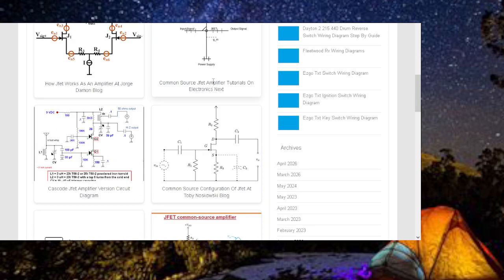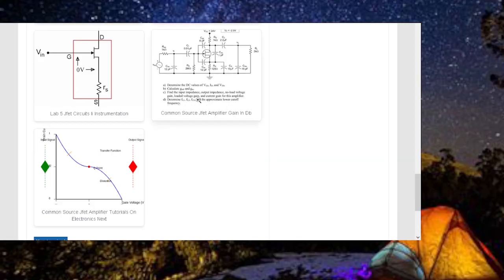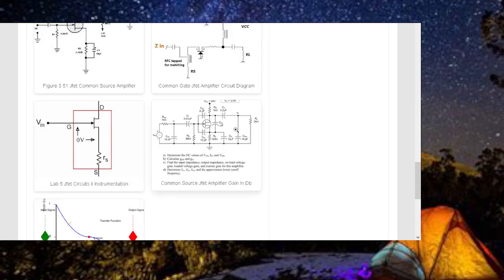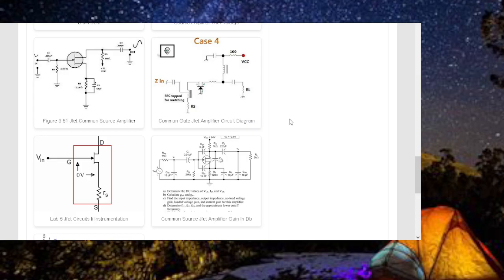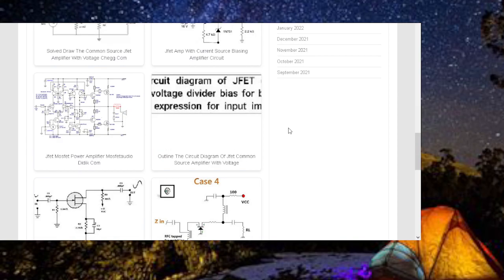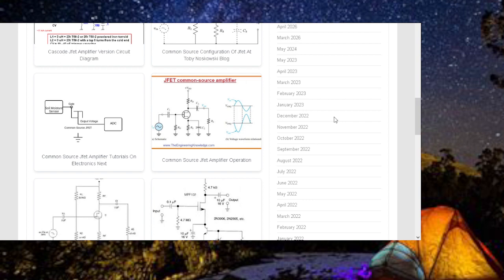Oh, this is one of the stupid web pages, huh? What's this here? JFET common source amplifier. Common source.